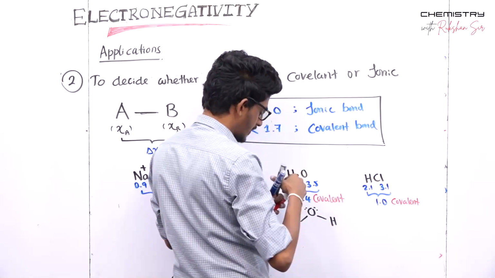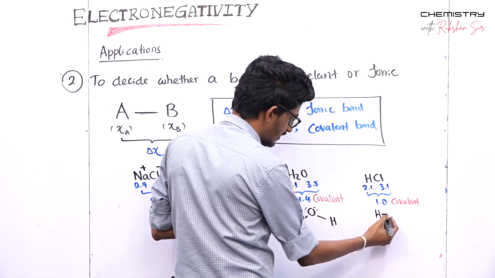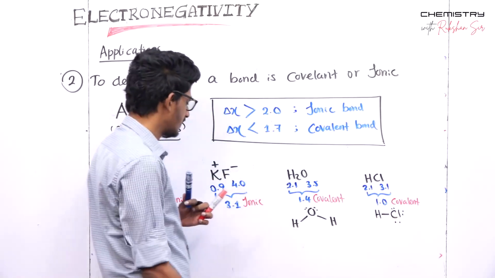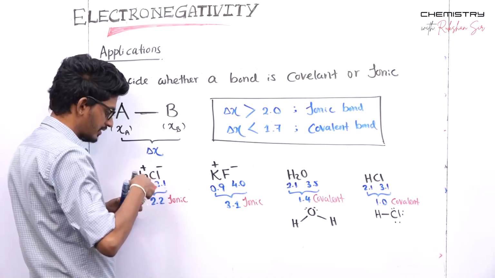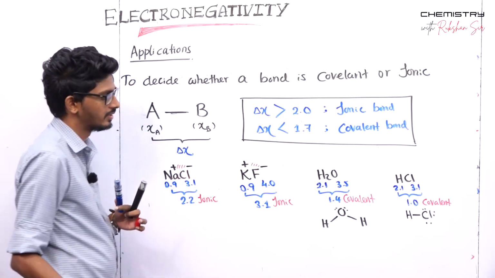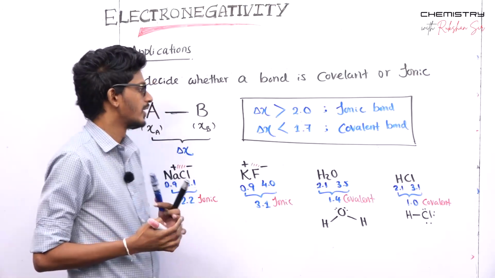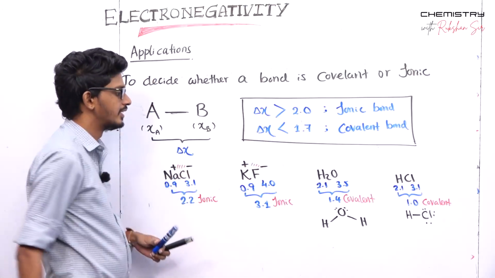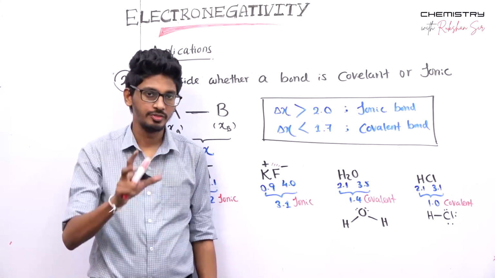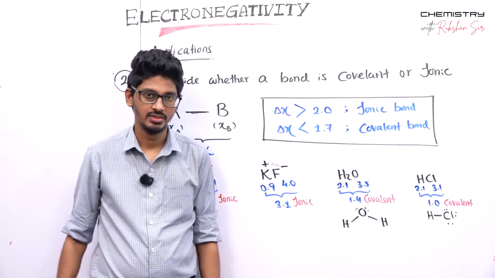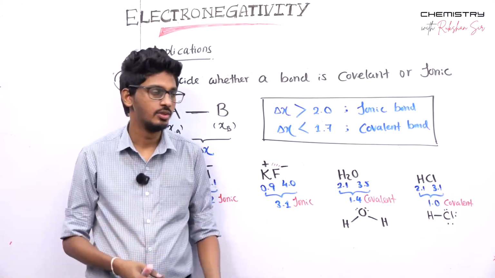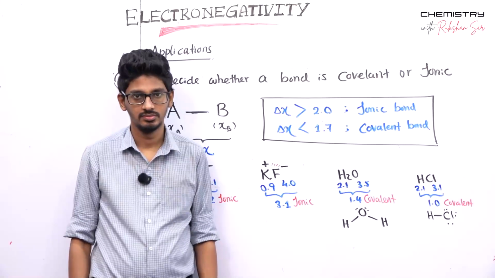So you are supposed to write a dash between the H and Cl. Dash means a covalent bond. These others are just ionic attractions. Ionic attractions will connect the particles. So you can apply this theory to predict whether the bond is ionic or covalent. For most compounds this is valid. On very few occasions this will be violated. But as a rule, you can take this.